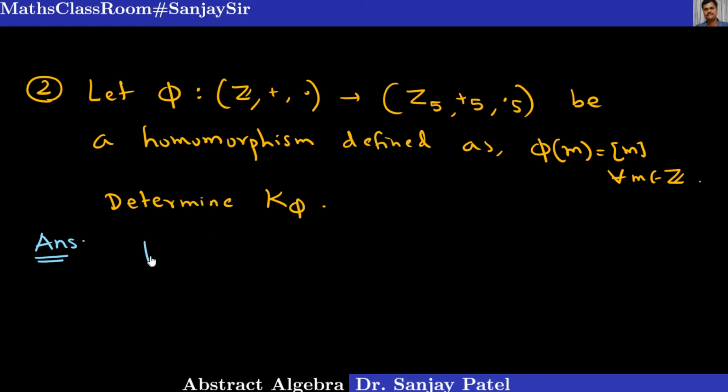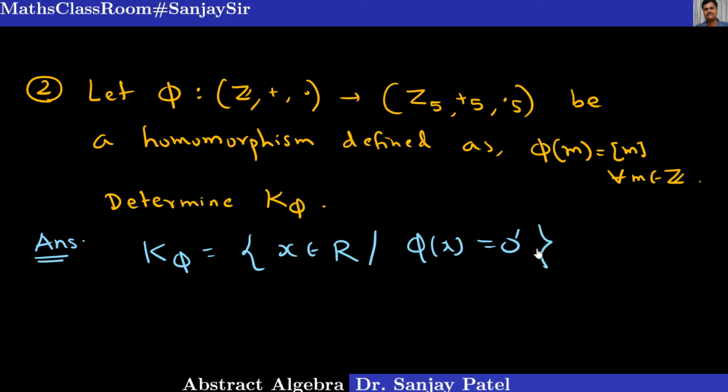So K_phi is the set of all x belonging to R such that phi of x is equal to 0 dash. Here R is this ring and the codomain ring R dash is Z_5.